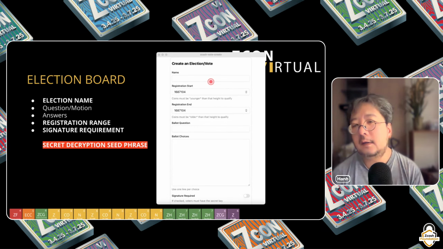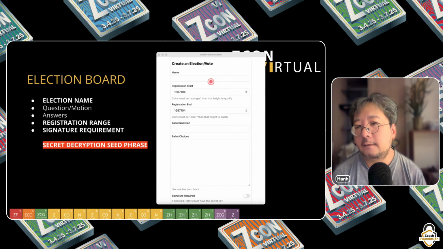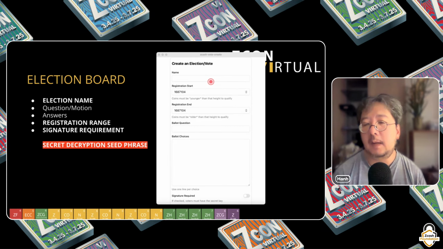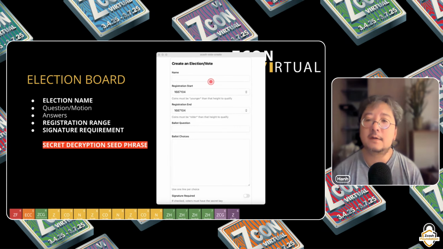So the first thing is the election name. The election name should be something fairly identifiable and unique, because the hash of that name is the distinguisher between elections. The way we make election ballots untraceable and unlinkable is by hashing them with this particular election name.